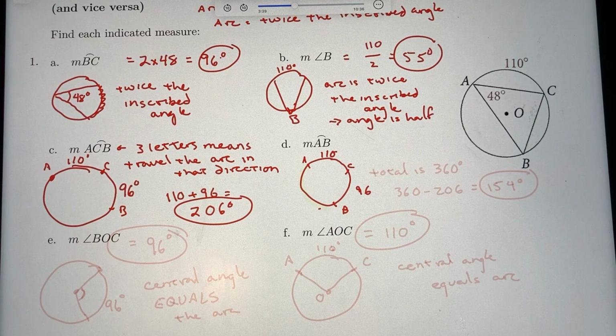AB is the rest of it. Two letters always means go the short way around. We already figured out that those two were adding up to 206. So that's 154 degrees left.